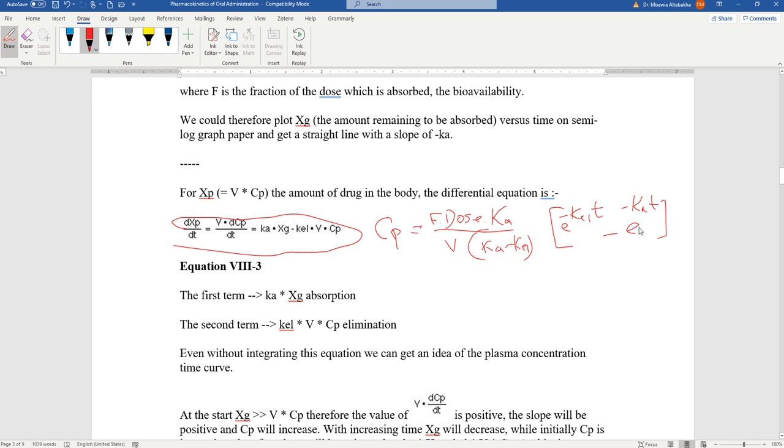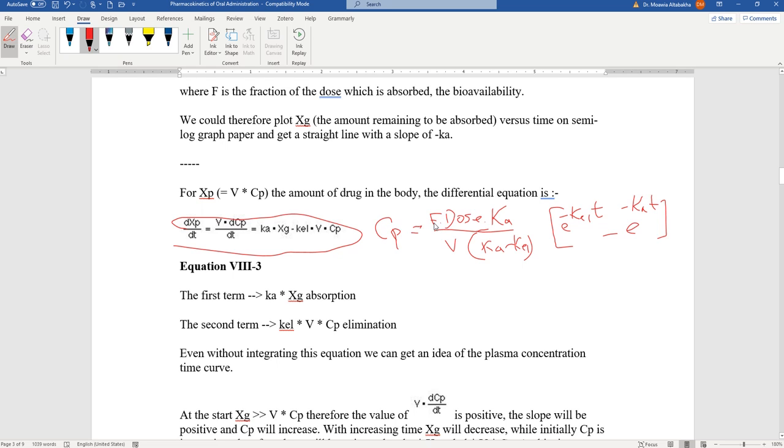So it becomes 0 minus 0 is equal to 0. 0 times the constant will have 0 plasma concentration. That's why in the beginning and at the end we expect that there is no drug in the body or almost nothing in the body.